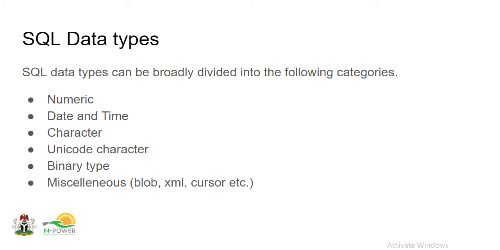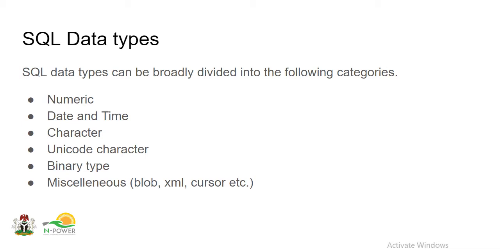Another category we'll be looking at is what we know as the Unicode character types. Examples of the Unicode character types are as follows: nchar, nvarchar, ntext, etc. Another data type category we have in SQL is the binary type.